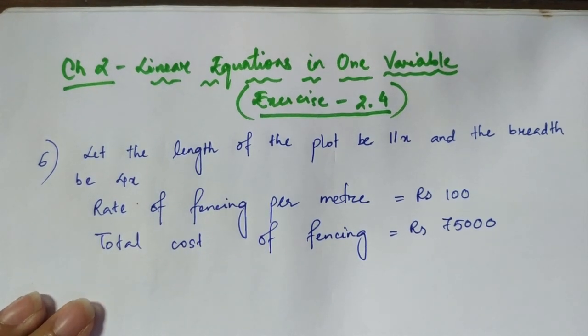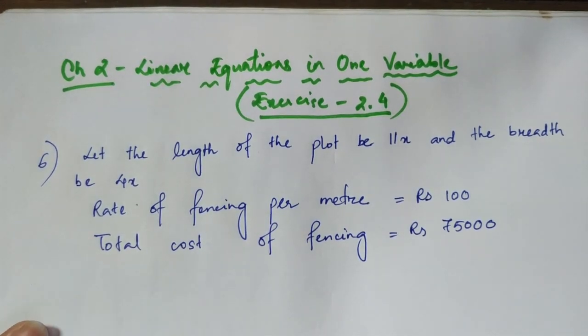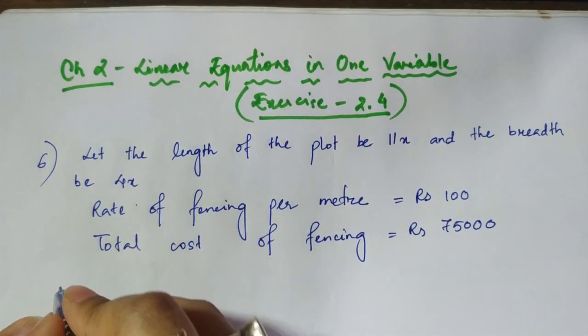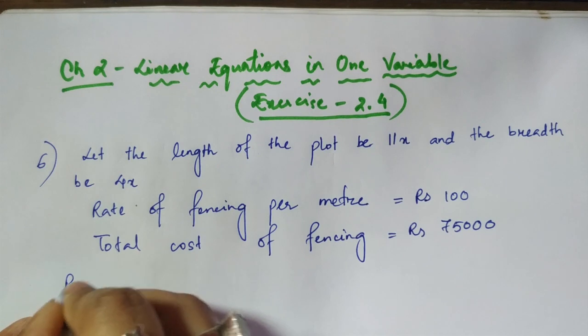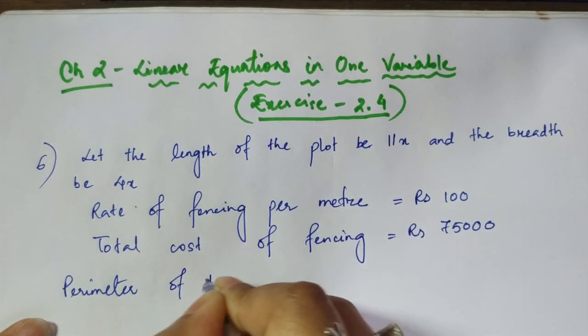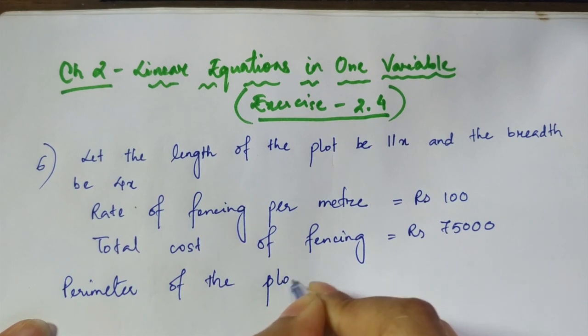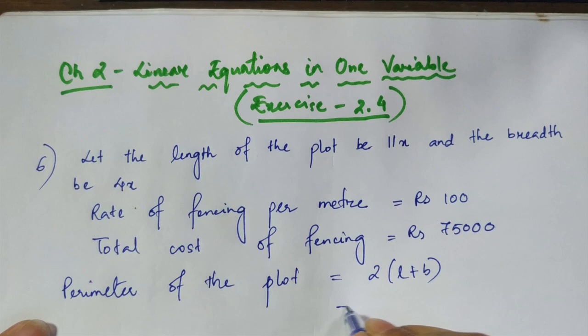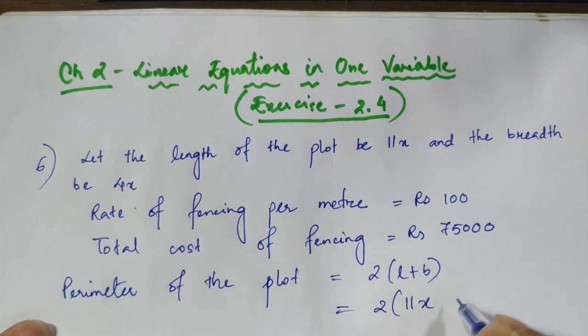And we know that the perimeter of a rectangle is 2 into length plus breadth. If this is my length and this is my breadth, what can we write? Perimeter of the plot will be equal to 2 into length plus breadth. What is the length here? 11x plus 4x.